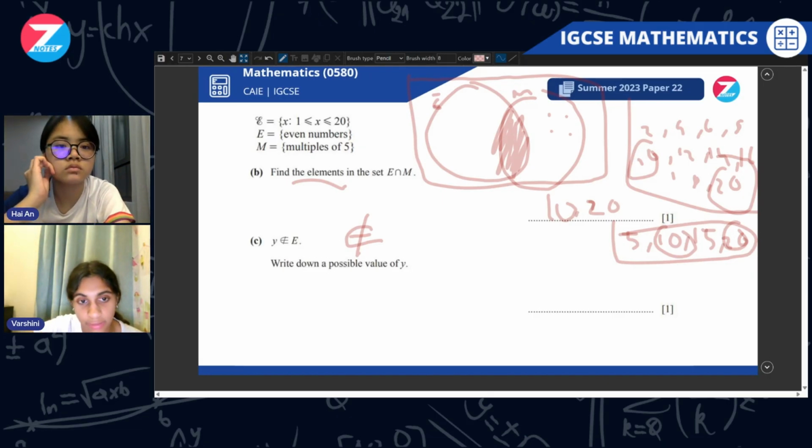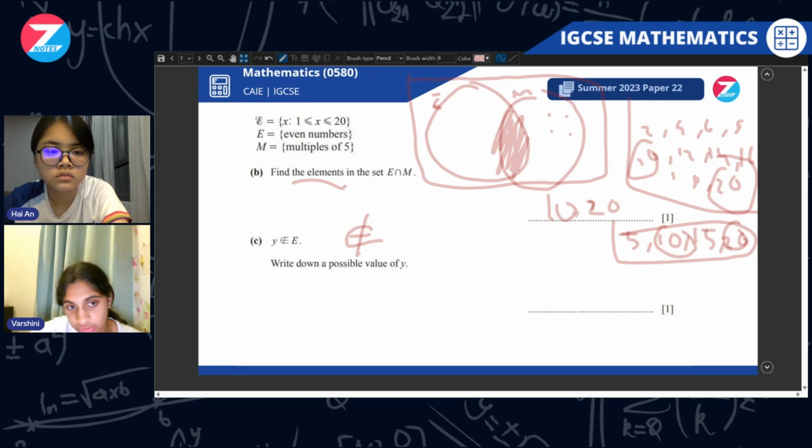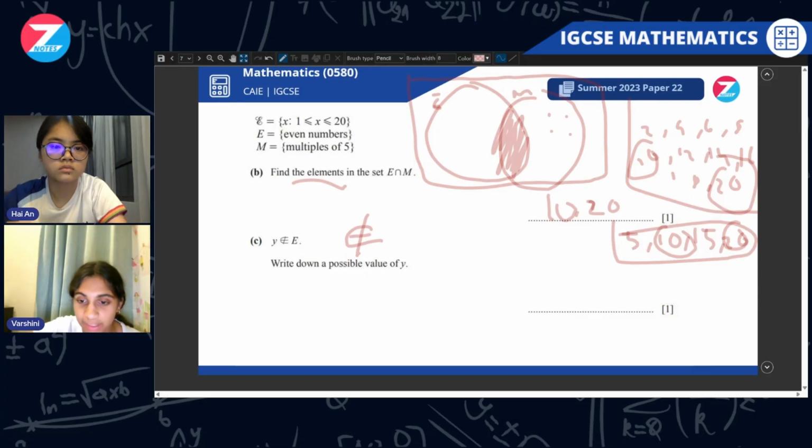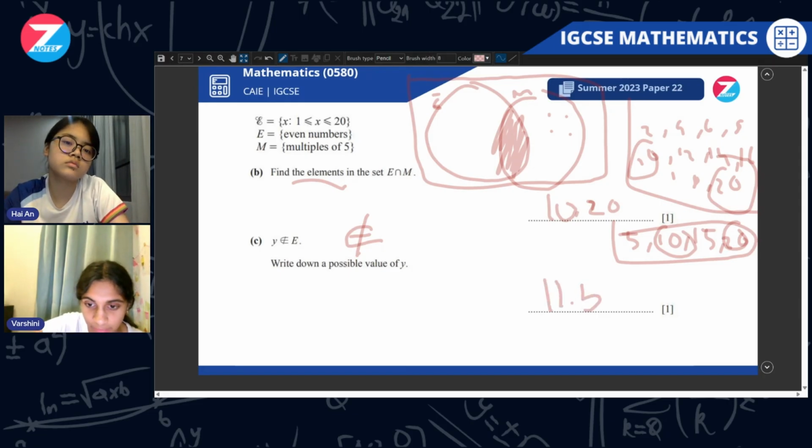So we want a value of Y. It can be any number that's not even from 1 to 20. It could even be a decimal value because they haven't specified that x is not decimals. So to be safe, let's just take a decimal, for example, 11.5.